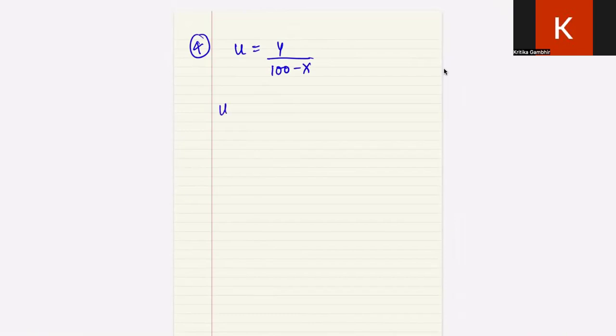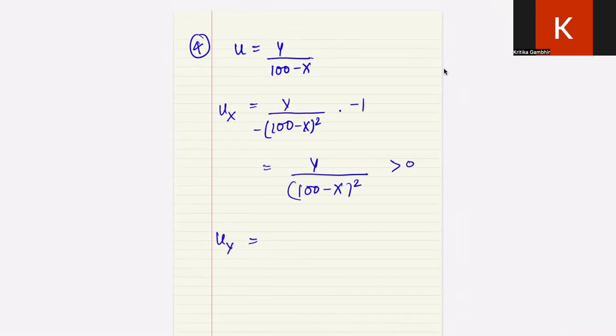Now here, let's solve for ux. इसमें cases बनेंगे. Treating y as a constant, you would have -1. So this would get y upon (100 minus x) का whole square, ux square. uy की अगर हम बात करें, so this would get 1 upon (100 minus x).